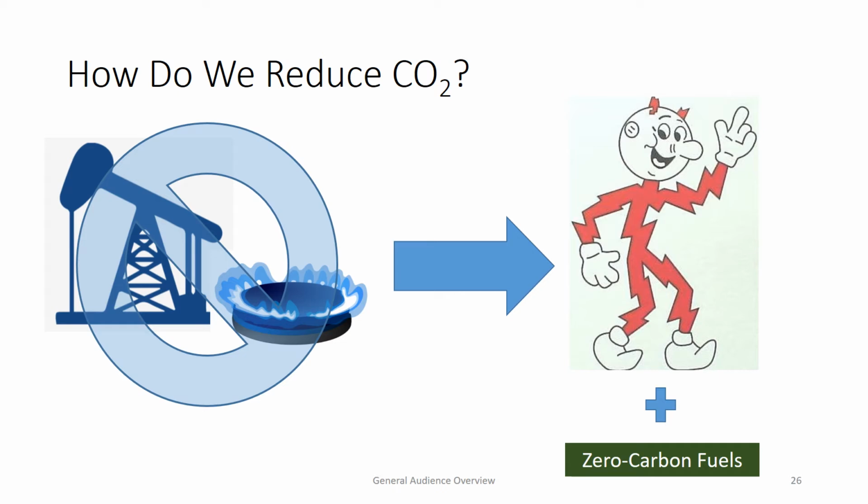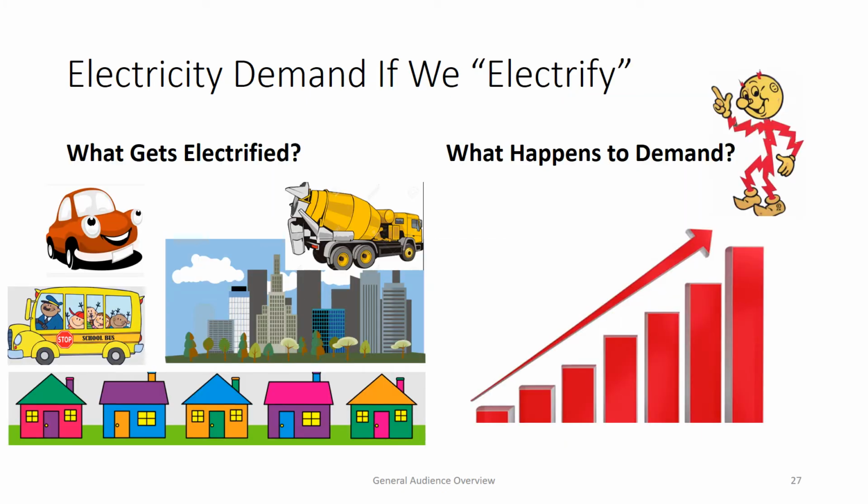So how do we reduce CO2? Well, we stop burning stuff and replace burning stuff with electricity, and then ideally some zero carbon fuels in certain applications. If we electrify, what happens to electricity demand?